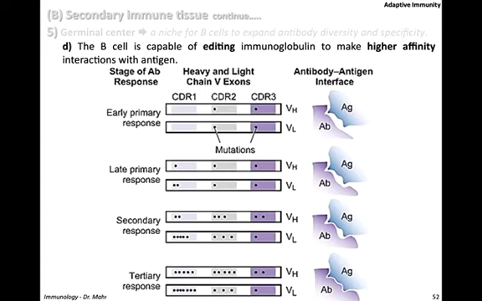And this explains why our body's immune system responds very efficiently on subsequent encounters of the same antigen, because it manages over time to do the correct number of mutations, and the correct mutations actually, to lead to very high affinity between the antigen and antibody.